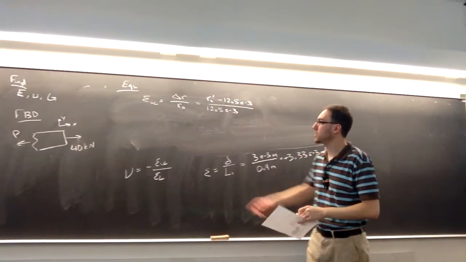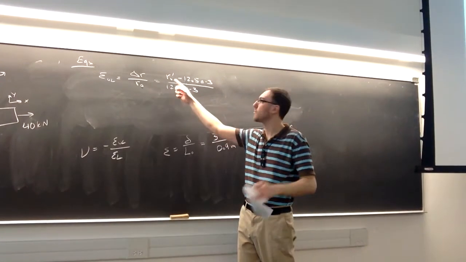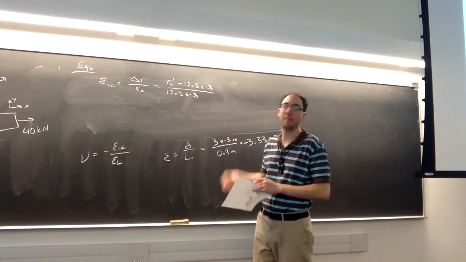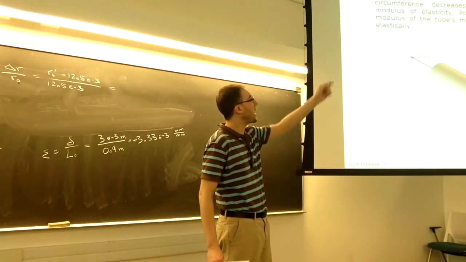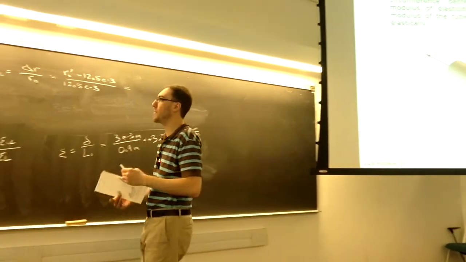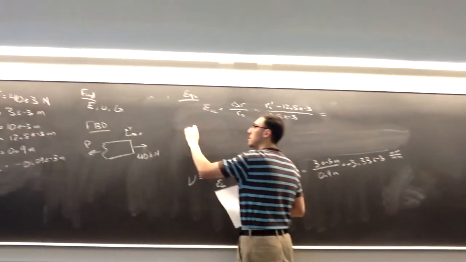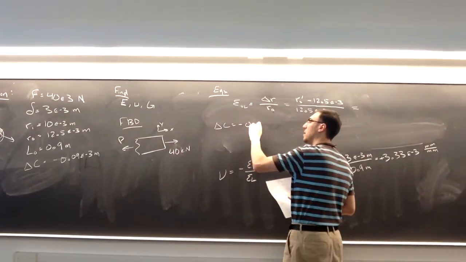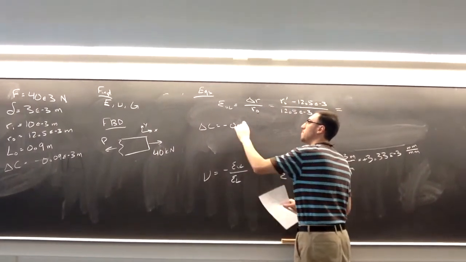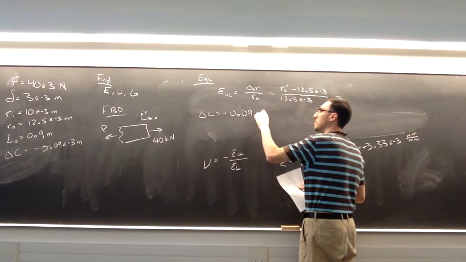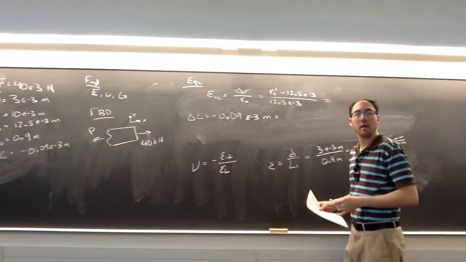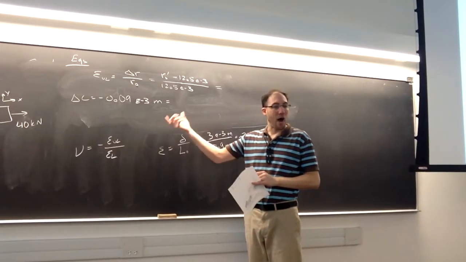The change in the radius will be the new outside radius minus the original, divided by the original. We know that the outer circumference decreases by 0.09 millimeters. That was information given to us. That's the change in the outer circumference.